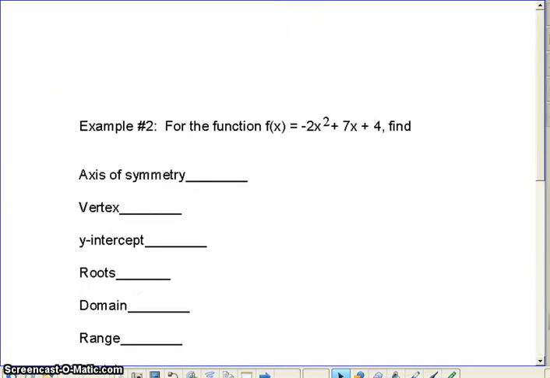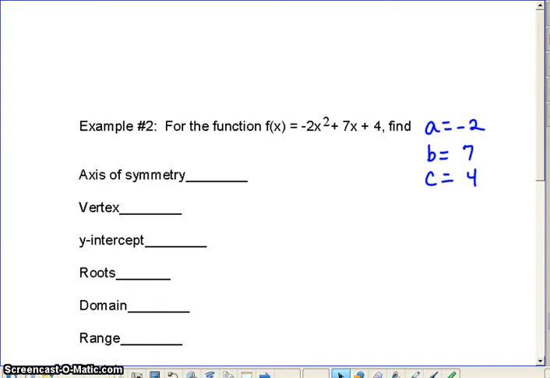Okay, the next example, for the function f of x equals negative 2x squared plus 7x plus 4, we're going to find all of those different parts of the parabola. Okay, I'm going to start off by labeling a, b, and c. Okay, this is in standard form, so a is equal to negative 2, b is positive 7, and c is 4.